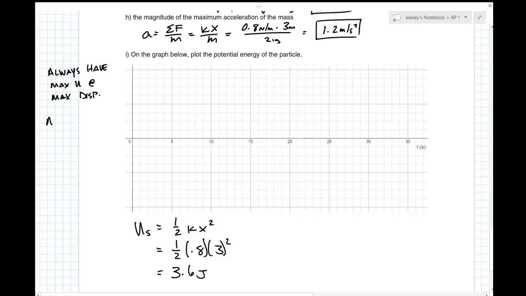And another always, we always have zero potential energy at equilibrium. So every time we're at equilibrium, if we look at the graph above, we end up with zero potential energy. Every time we're at 3 meters or negative 3 meters, because we're squaring it, it doesn't really matter, we end up with our maximum potential energy.